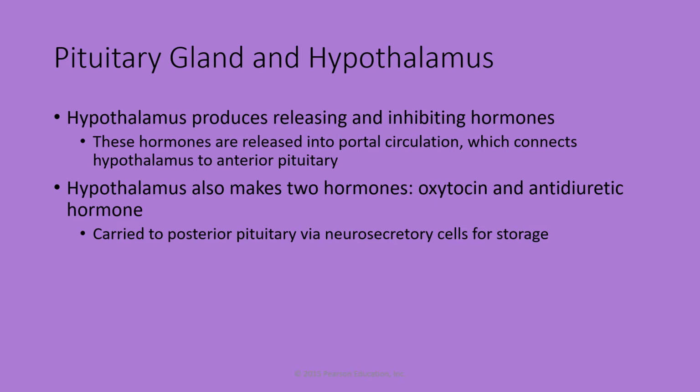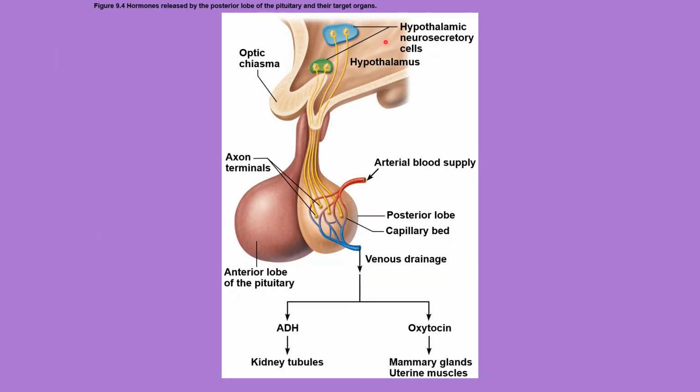So the hypothalamus makes oxytocin and antidiuretic hormone. It doesn't remain there; it releases them and stores them in the posterior pituitary. So they're made up here, and then they move down to the posterior lobe. Now the anterior lobe itself does produce several hormones as well.